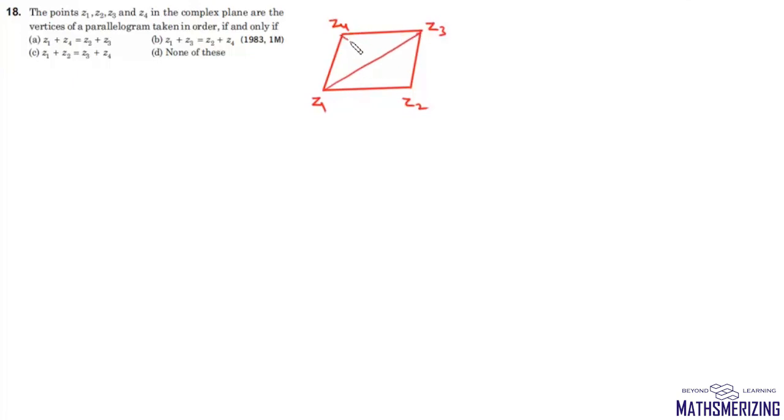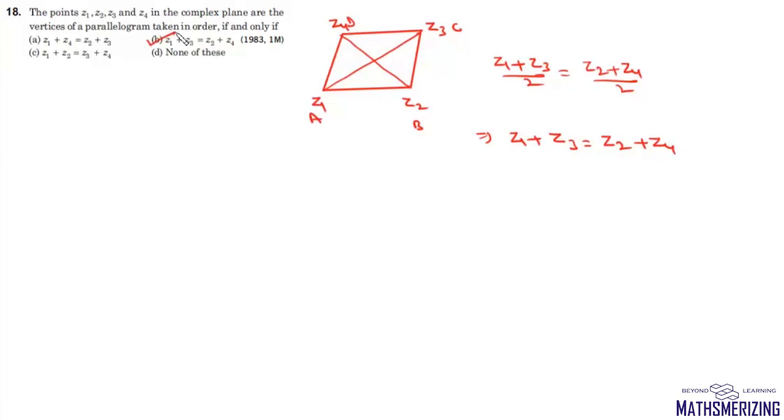That means midpoint of AC will be same as midpoint of BD. Now midpoint of AC is (Z1 + Z3)/2 and will be equal to midpoint of BD, which is (Z2 + Z4)/2. So from here we can say Z1 + Z3 must be equal to Z2 + Z4.